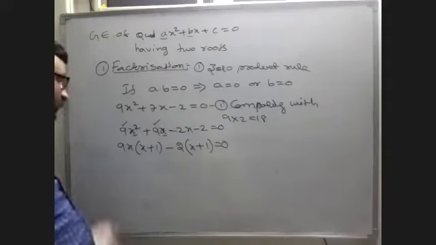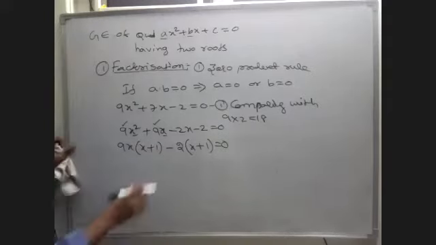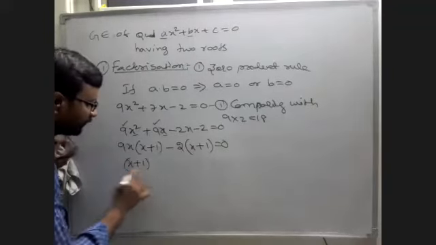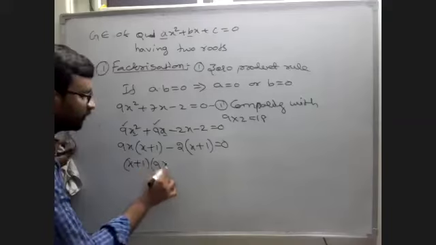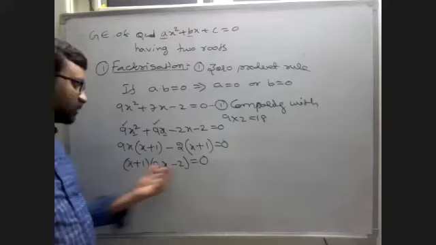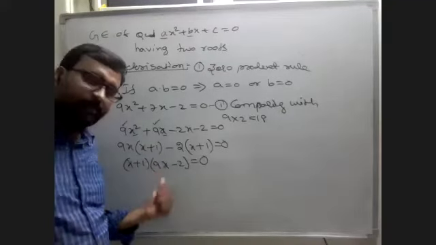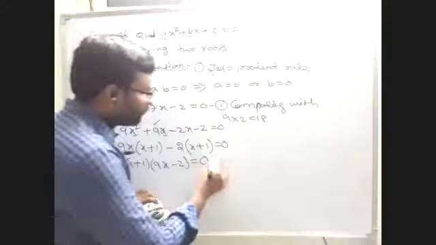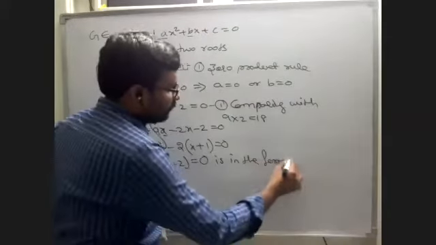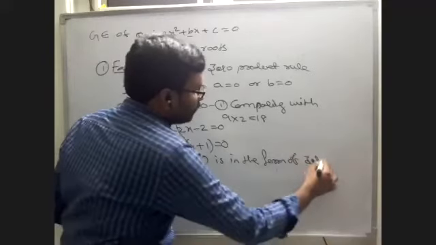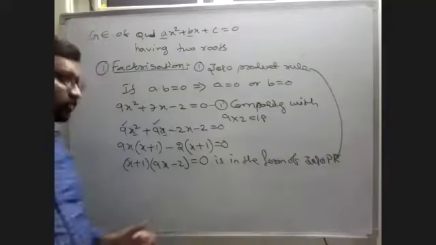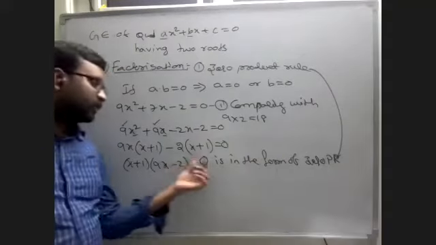So we have taken common terms. Now again from these two, x plus 1 is common. Taking x plus 1 common, remaining here 9x and here minus 2 is equal to 0. This step is in the form of the zero product rule, A into B is equal to 0.